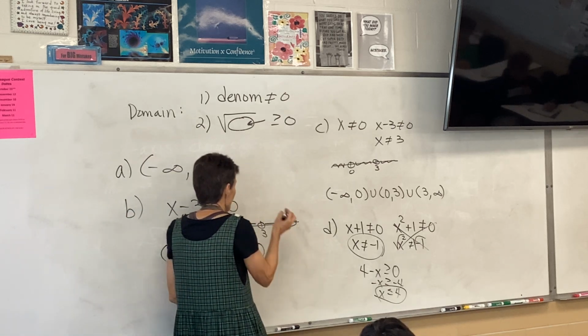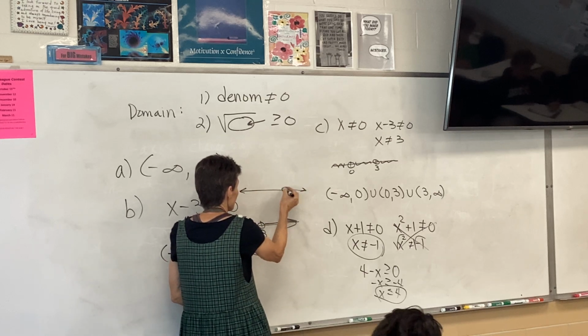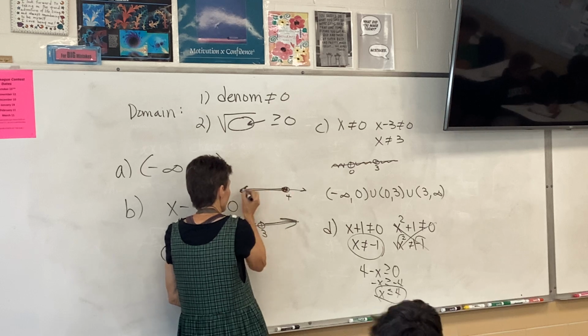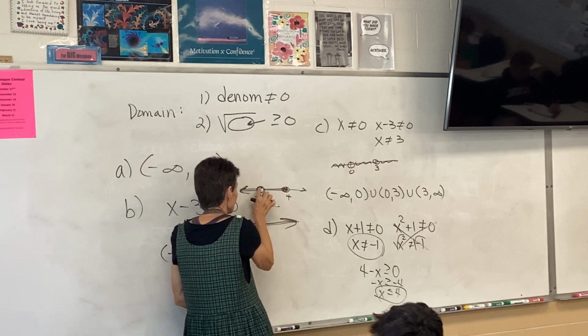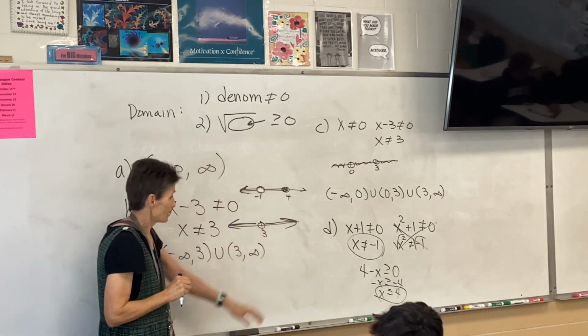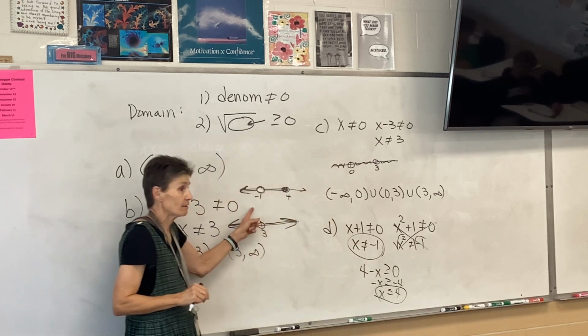All right, this is tricky. I need to look at it on the number line. Here's 4. Here's less than or equal to 4. But I can't be -1. So I'm less than 4, but I can't be -1.